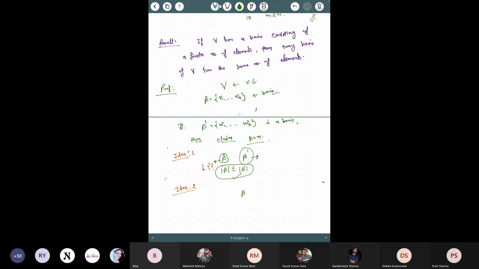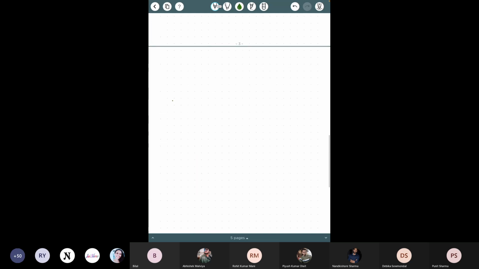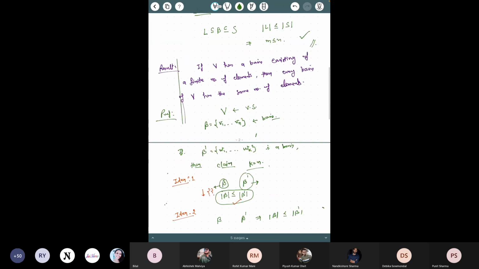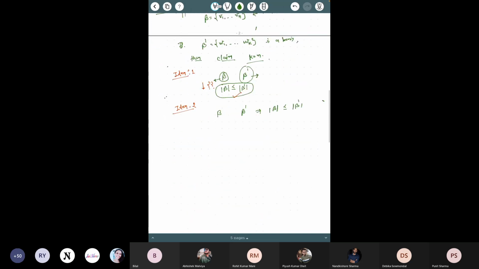Since B dash is a spanning set and B is a linearly independent set, from the previous result this implies that the cardinality of B is less than or equal to the cardinality of B dash.